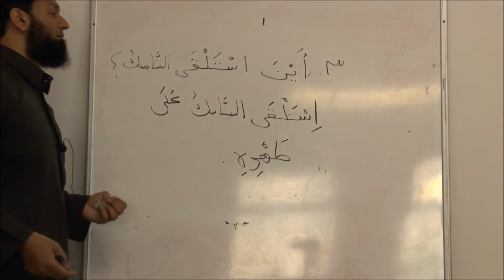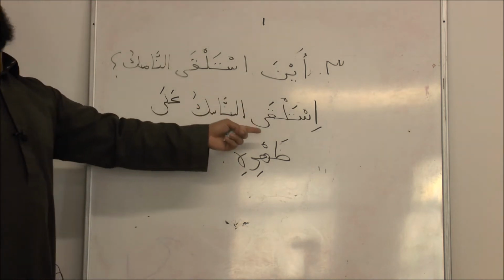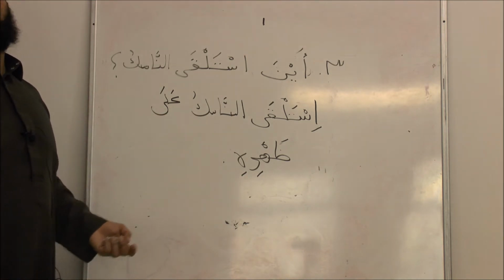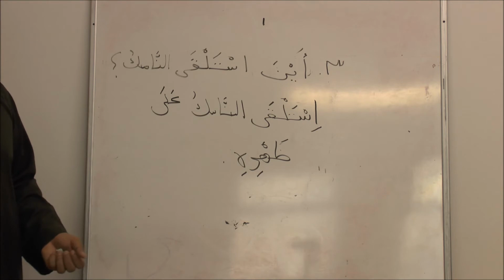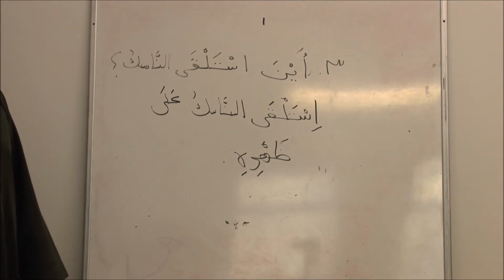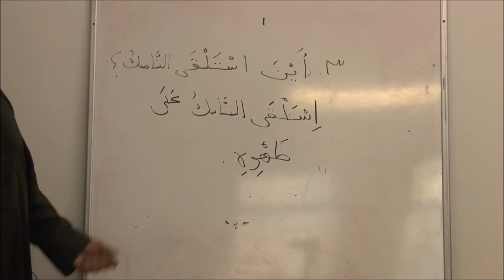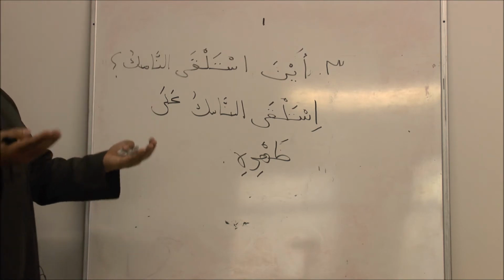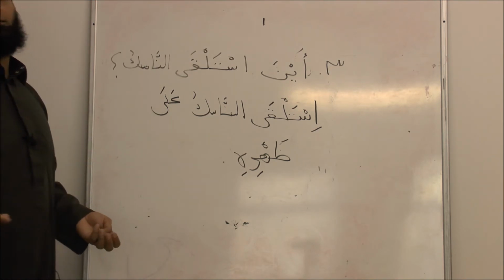Now if we wanted to say I lay down on my back, we have to change استلقى. It becomes استلقيت. استلقيت على ظهري, my back. If you want to say you lay down on your back, you'd say استلقيت على ظهرك.